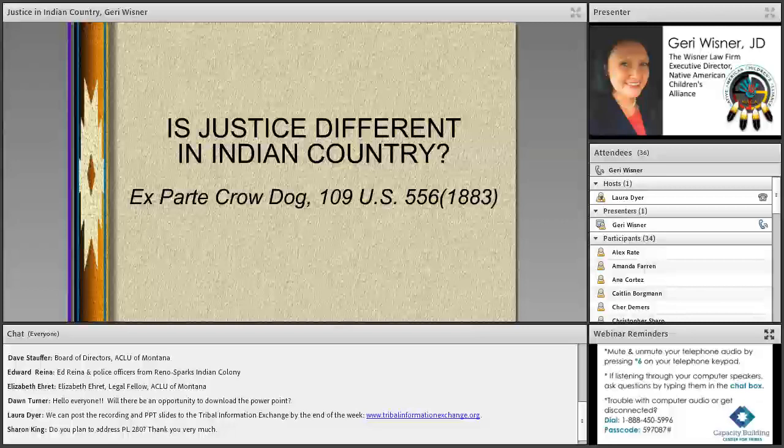The Major Crimes Act basically says that if certain crimes are committed, murder, rape, assault, and there are several more, if those crimes are committed between Indians on Indian land, that would be covered by the Major Crimes Act, and the federal government would then have jurisdiction to try those cases.